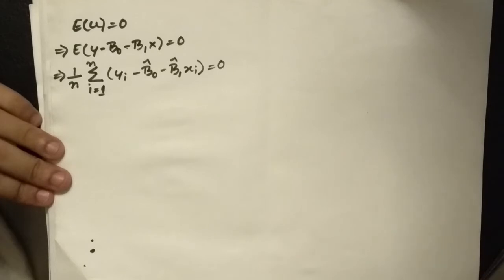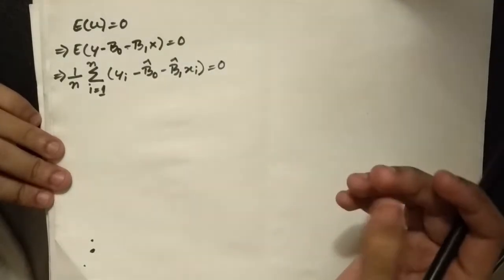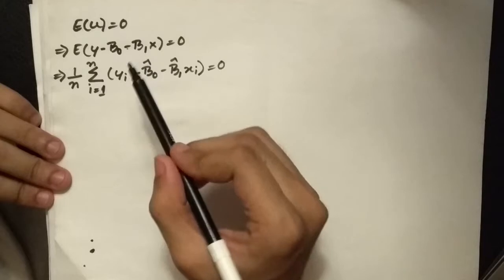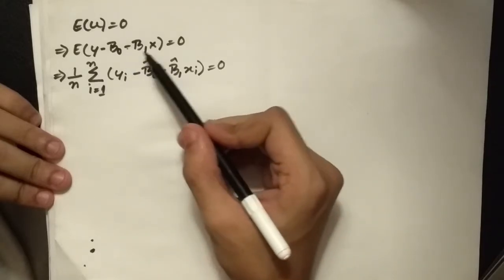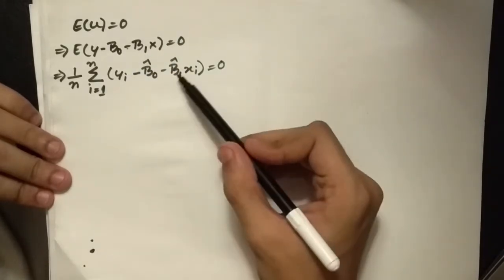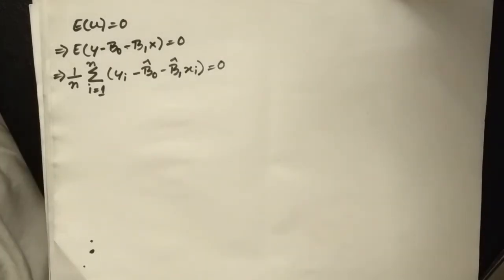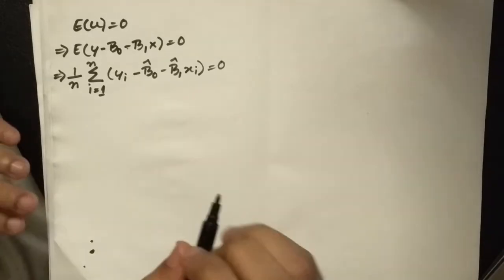The hat is there because we are deriving the estimates of the population parameters beta naught and beta 1. So the estimates are beta naught hat and beta 1 hat, for the observations of yi and xi.